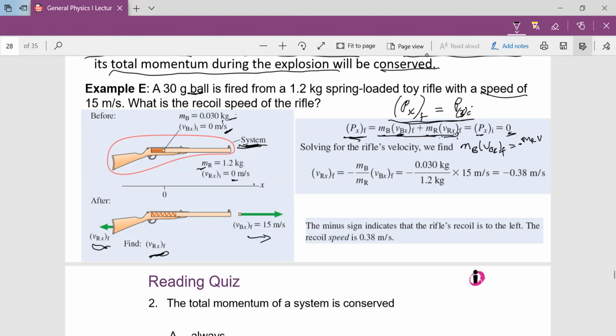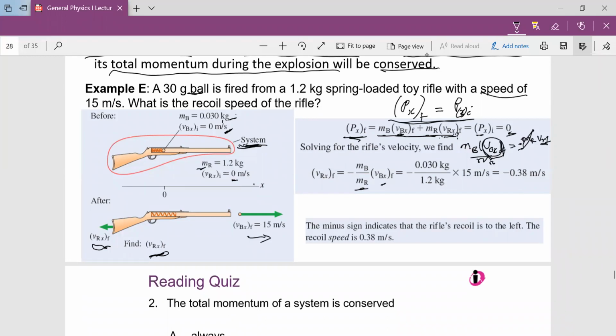If we make v_R final the subject of the formula, m_R goes under, so we have minus m_B over m_R times v_B final.